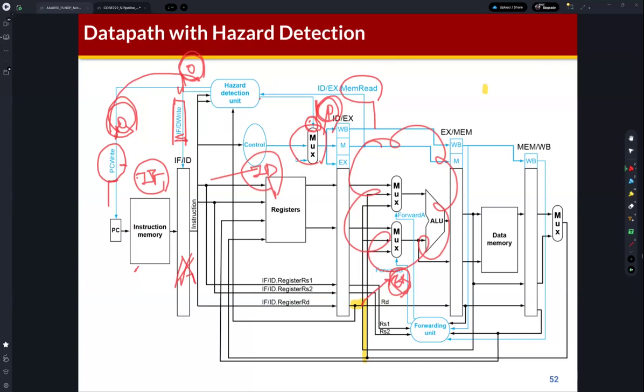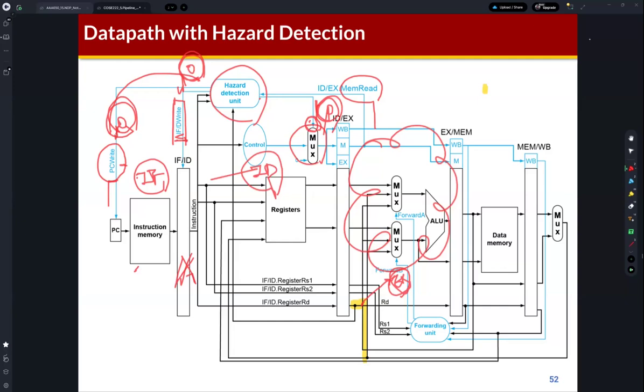Okay. And then, in order to understand this operation, you can also check the input and output signals of this control unit, the hazard detection unit. This hazard detection unit receives the required signals like the source registers, the destination register, and the memory read control signal.